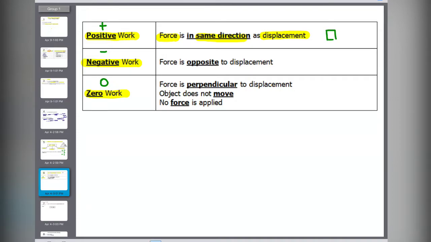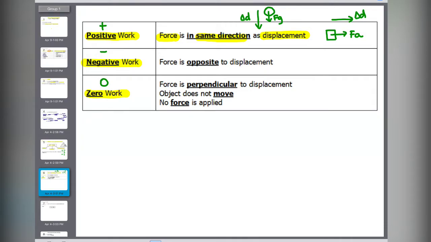What that means is if I have a block and I push it to the right and the object is moving to the right, then I have a positive work. If I'm looking at force of gravity and the object is being dropped downwards, I have a positive work when the force and displacement are in the same direction.